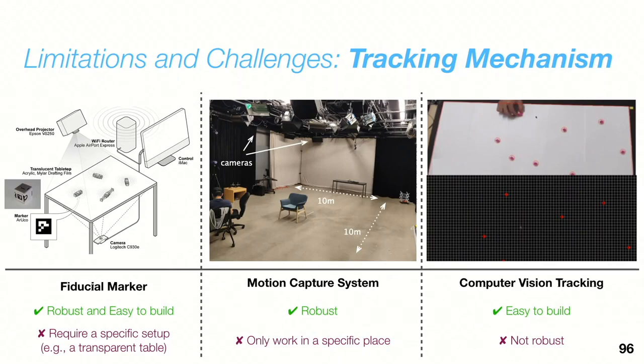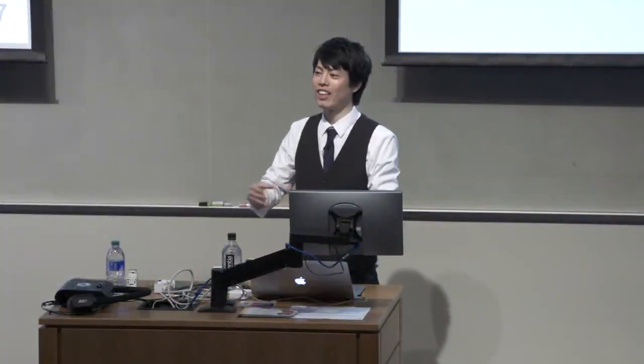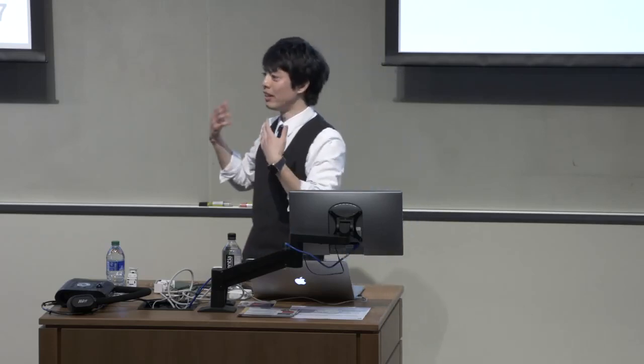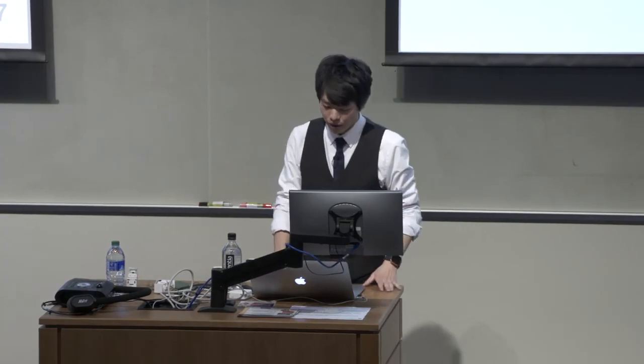So how can we solve this tracking mechanism problem? And the human-robot interaction aspect is also about how we can better communicate with these swarm robots. For example, a Roomba-like robot is somehow very dangerous in the sense that these robots can immediately relocate a chair if you want to sit down. So we probably need a better channel to communicate with these swarm robots.